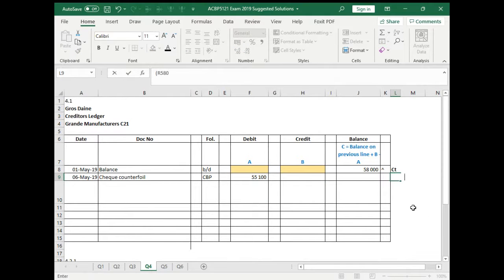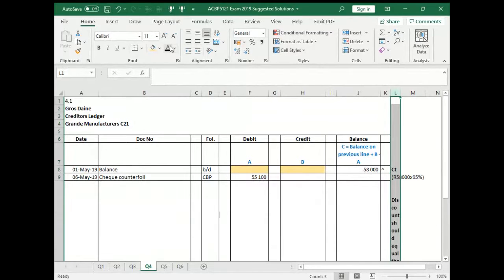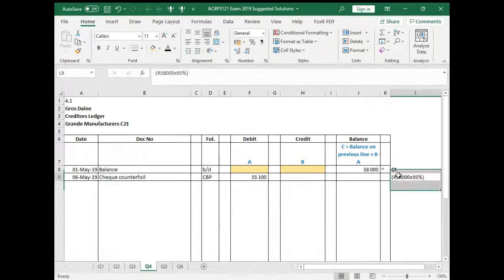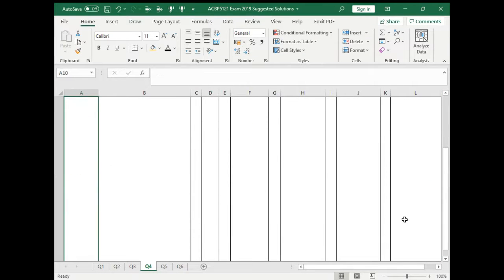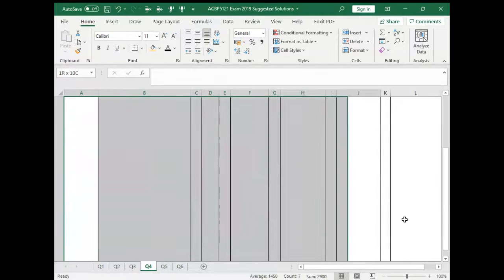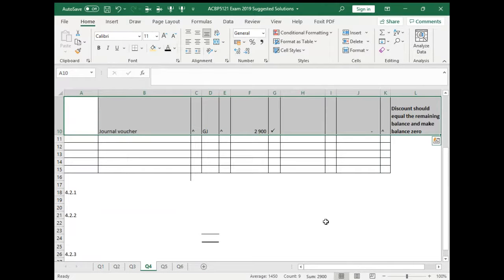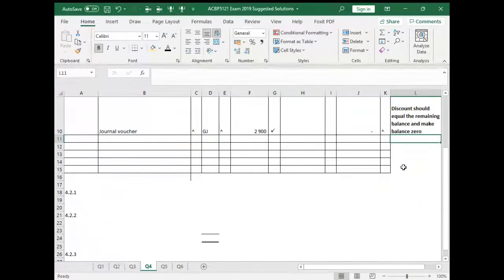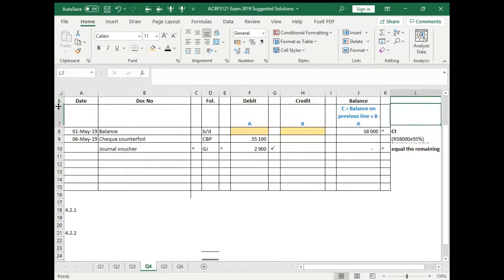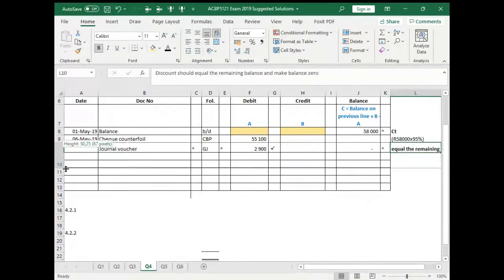Would have been the 58,000 multiplied with 95%, to get to the 55,100. Okay. Okay, so that's the first step.